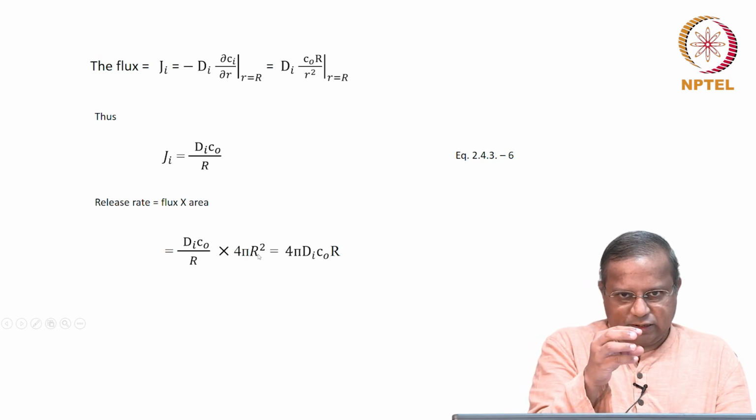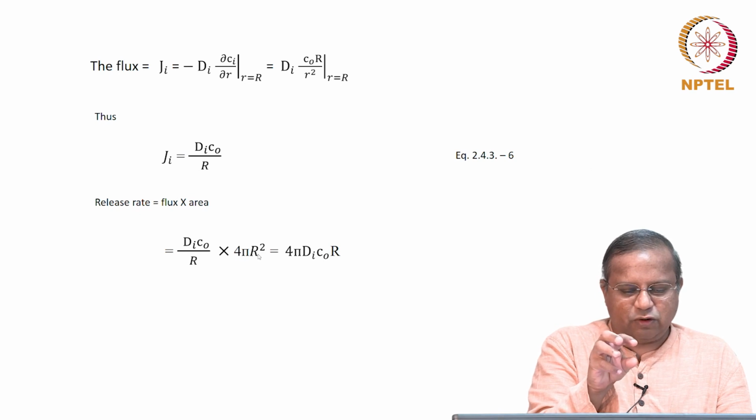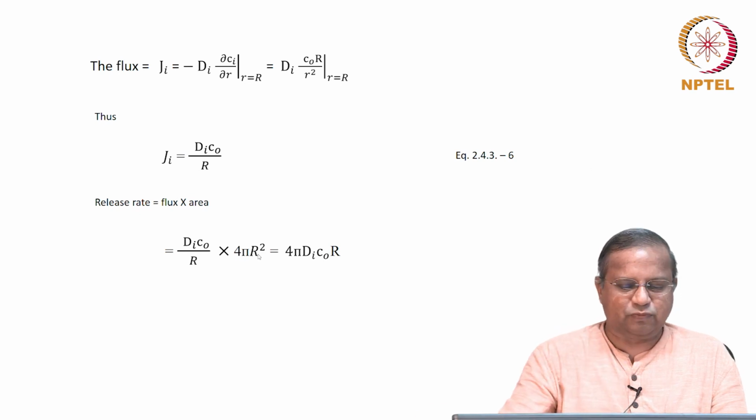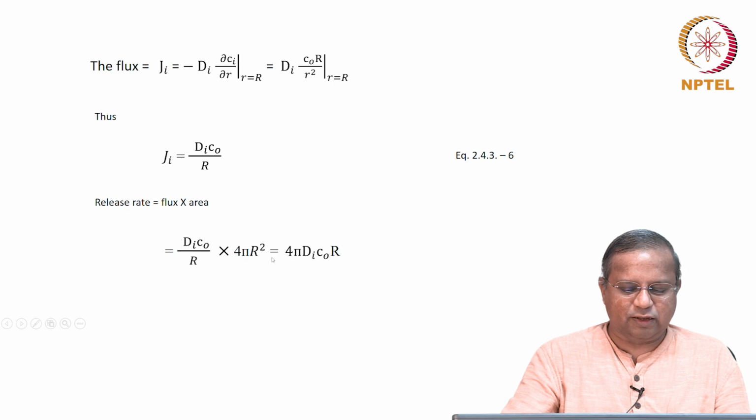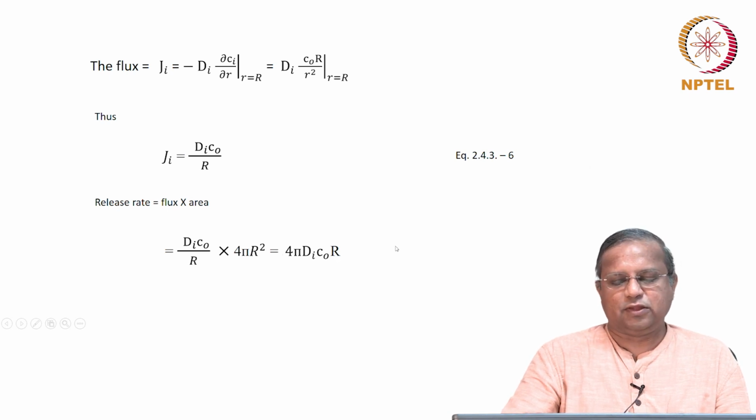This is the area of the sphere that is releasing. We want the release rate, and therefore, we are multiplying by the area relevant at that point. And if you simplify this, you are going to get 4 pi D_i C_0 R squared by R, so one R gets cancelled. So, 4 pi D_i C_0 R. Let us call this equation 2.4.3-7.